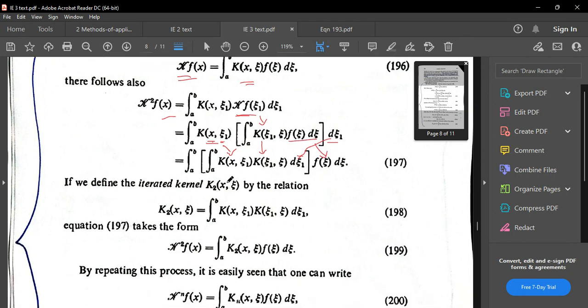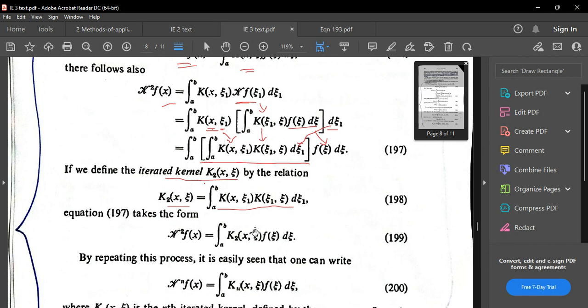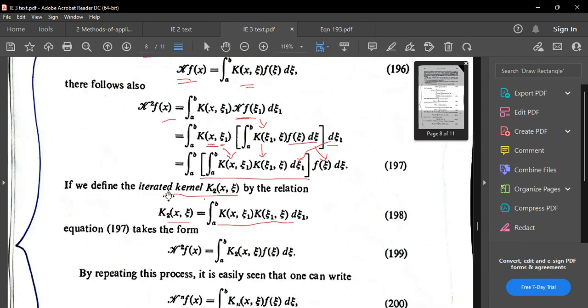With this arrangement, we get this term under the square bracket, which we denote as the iterated kernel k2 of xi, where k2 of xi is integral a to b of k of x, psi 1 times k of psi 1, psi d psi 1. So equation 197 has this form: script k2 of f of x is equal to integral a to b, with the term inside the square bracket replaced by capital K2, times f of psi d psi.